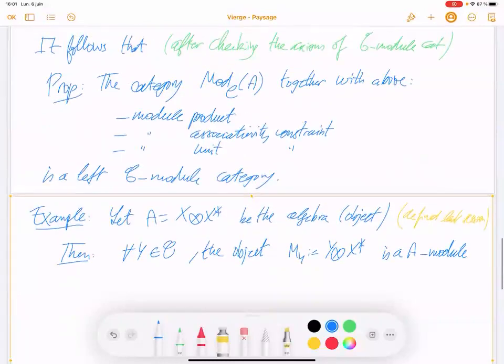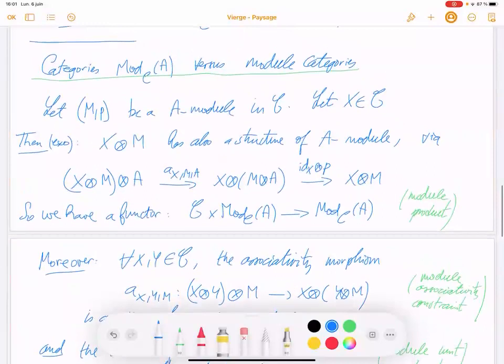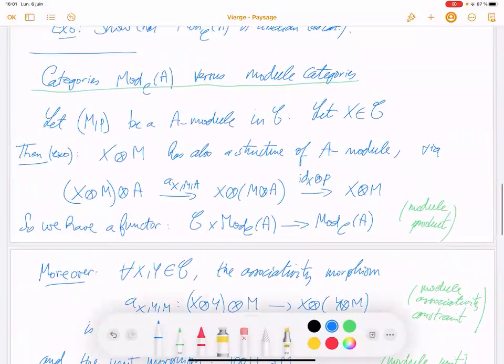So it's a new kind of construction. Before, we started from some A module, and from any object you make this tensor product. It's also a module.